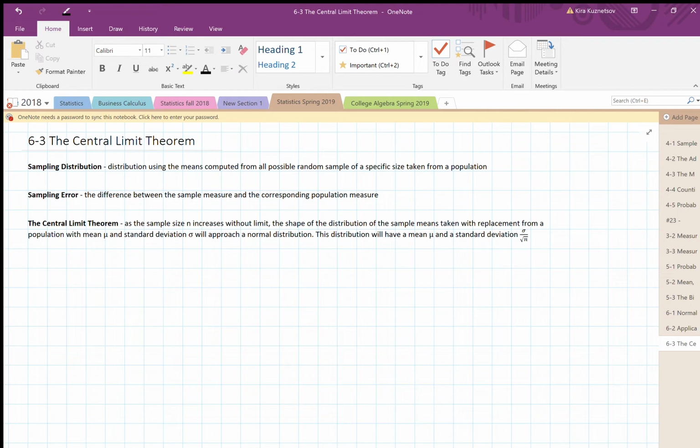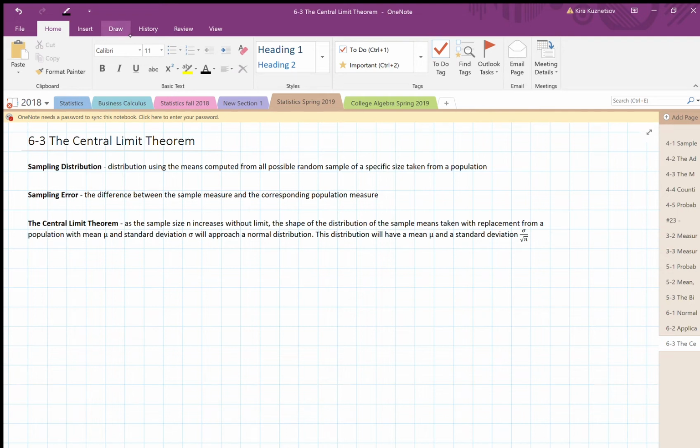And most important, the actual statement of the central limit theorem. It says, as the sample size n increases without limit, the shape of the distribution of the sample means taken with replacement from a population with mean mu and standard deviation sigma will approach a normal distribution. This distribution will have a mean mu and a standard deviation of sigma over the square root of n.